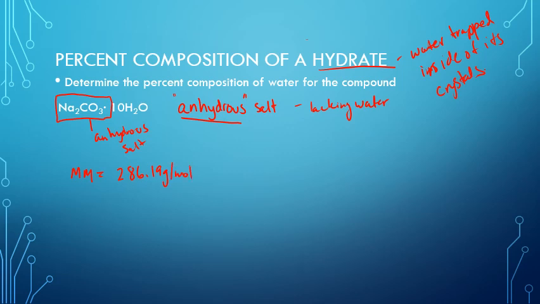The amount of water that we have for the compound, 10 times the 18.02, will give us 180.2, and if we divide that by 286.19, multiply by 100%, that will equal 62.97%.